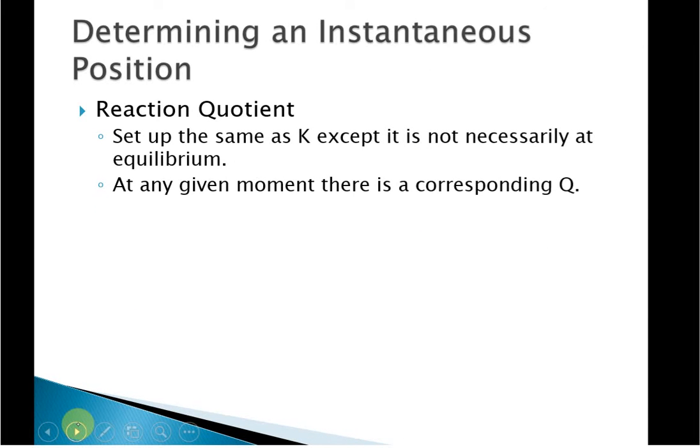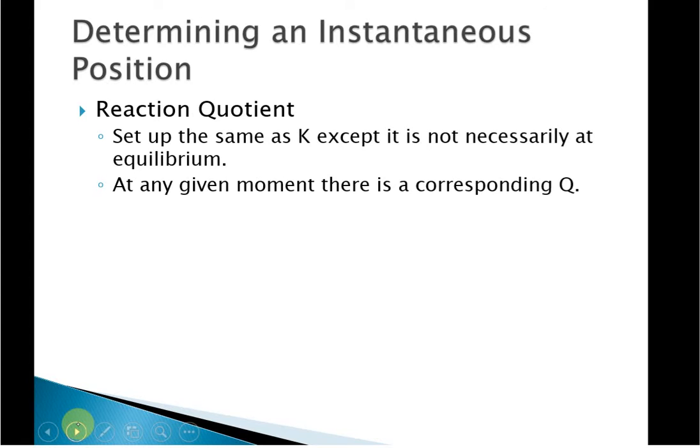Now, in terms of equilibrium, once it is at equilibrium, the K is going to be constant. But the idea is, how do you know if you're at equilibrium or not?